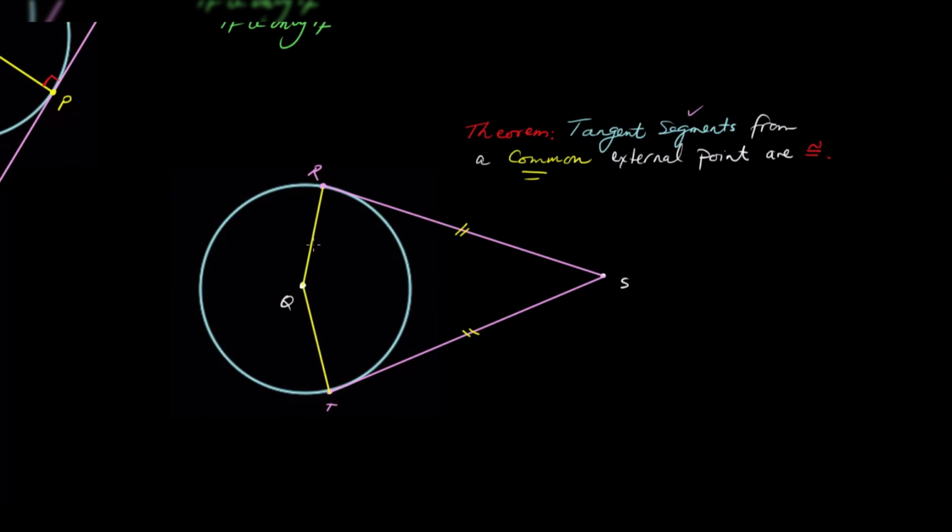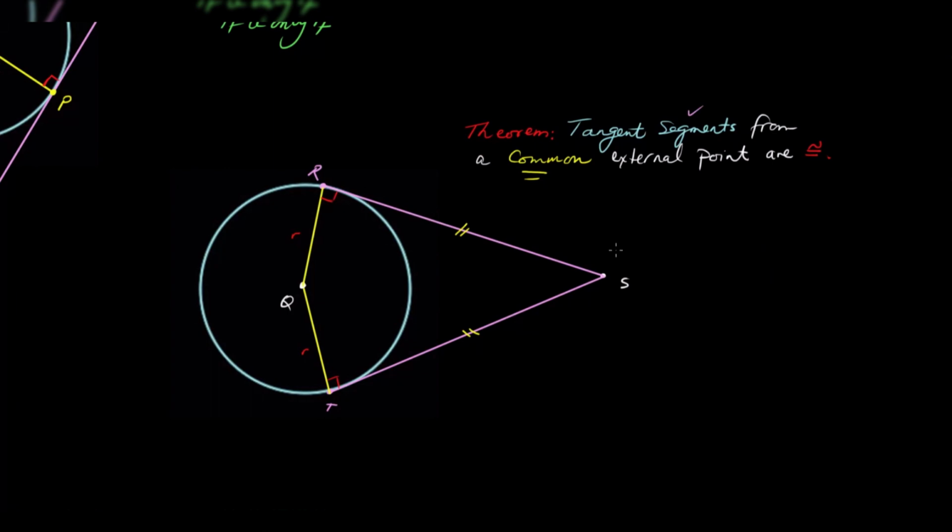And we know from the theorem before that tangents are perpendicular to the radius that connects to the point of tangency. So this is a right angle, and this here is a right angle as well.